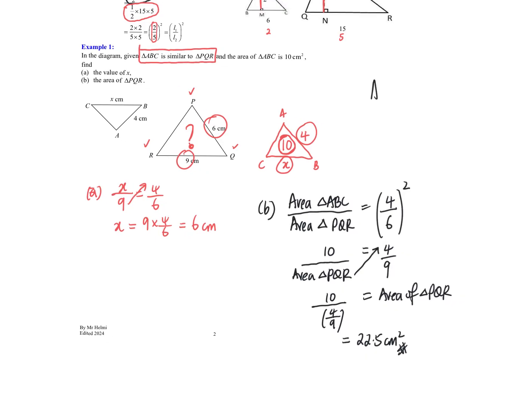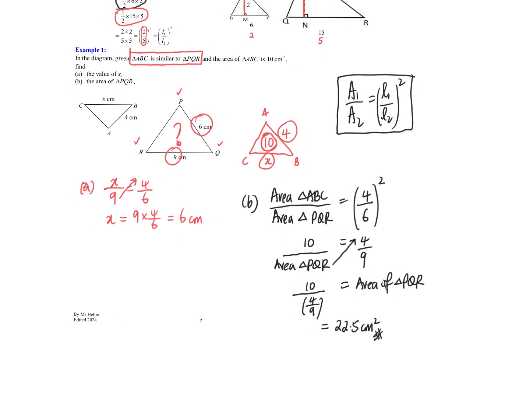Just remember, when you want the ratio of their areas, you square the ratio of one of the sides because it becomes two-dimensional. Before that, we are comparing length, but when you compare area, it's length times length. So you square the dimension.